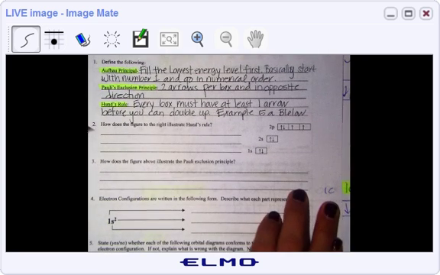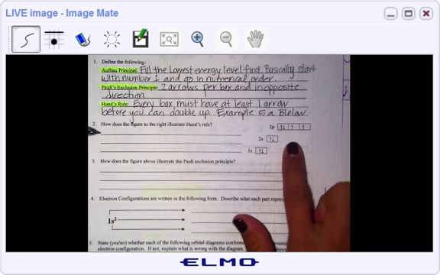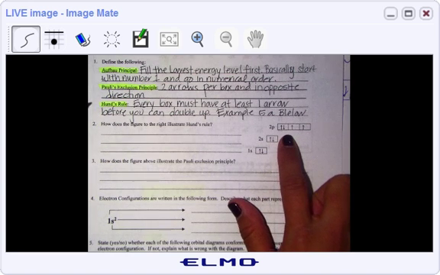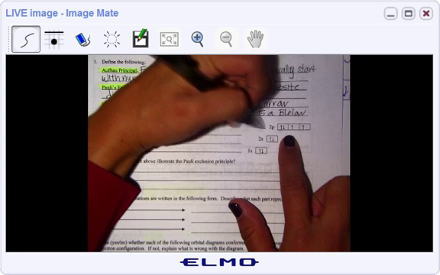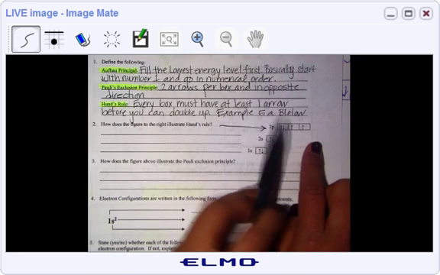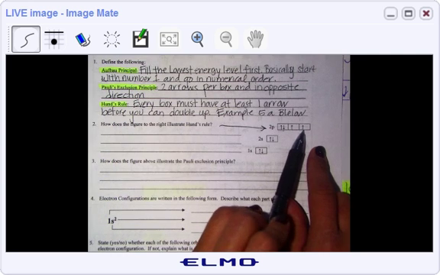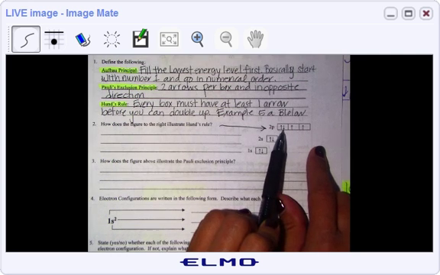Okay, the question for number 2, how does the figure to the right illustrate Hund's rule? According to Hund, every box must have at least 1 arrow, and that's exactly what happened in this 2p. See, for 2p, they did 1, 2, 3, and came back to double up. That's the correct way to do it.